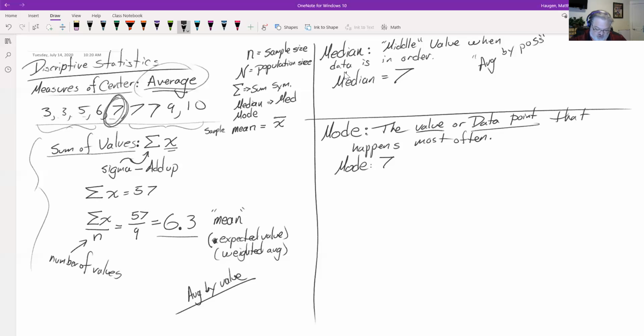So the kind of formula that we have over here, we'll often see it written as X bar is the sum of the values divided by the sample size. So X for our values, little n for our sample size, sigma for add them up, and then X bar for our mean.